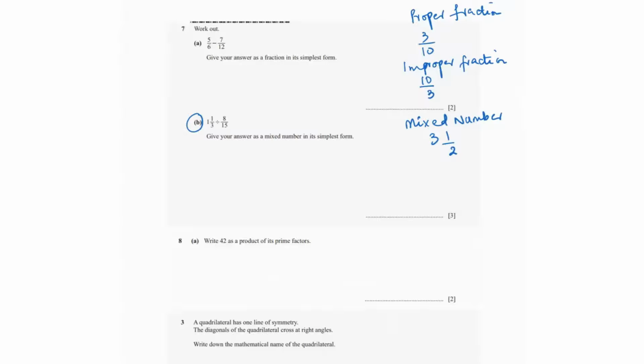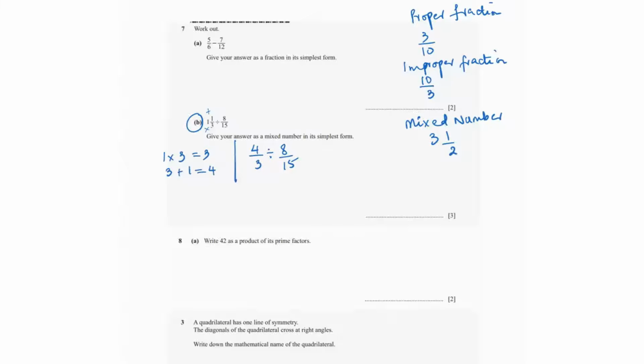To convert the mixed number into an improper fraction, you multiply the denominator with the whole number and then add the result to the numerator. So it's going to be 3 times 1, which is 3. And then 3 plus the 1 in the numerator, that's 4. So your fraction is going to be 4 over 3 divided by 8 over 15.